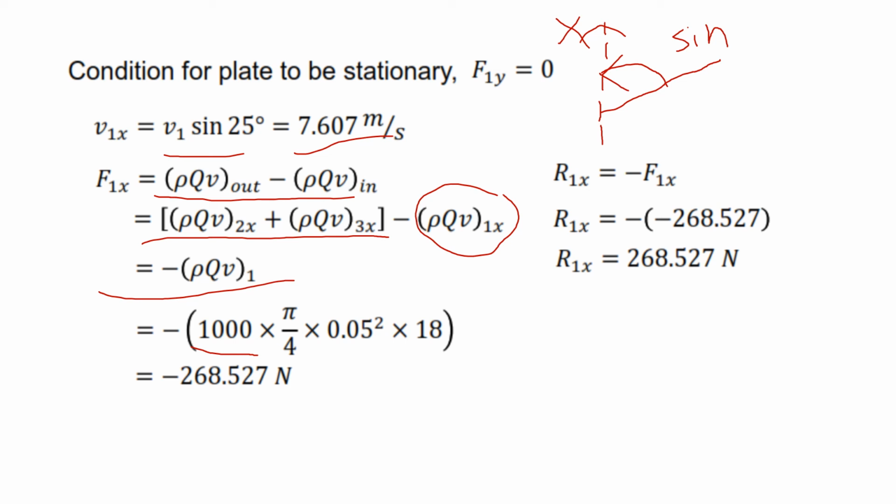So you get the force is negative 268.527. Okay, and then the question asks you for the Rx. So we consider negative F1x equals to R1x, so we get the Rx in positive value.